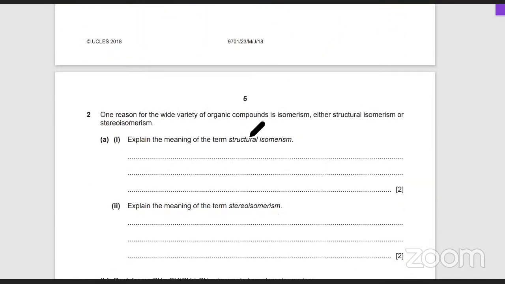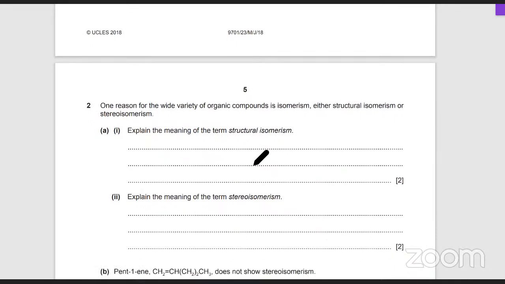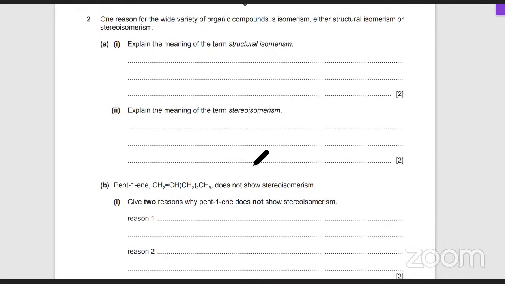अच्छा, structural isomer क्या होता है? What's the definition? The same molecular formula but different structural formula. ठीक है, same molecular formula. अगला क्या बता दो? Molecules having same molecular formula. हाँ?